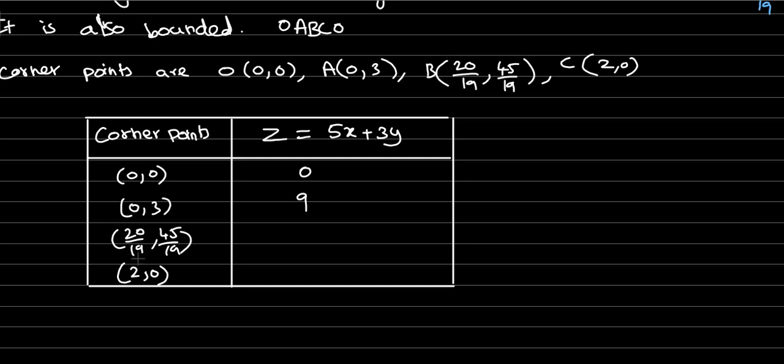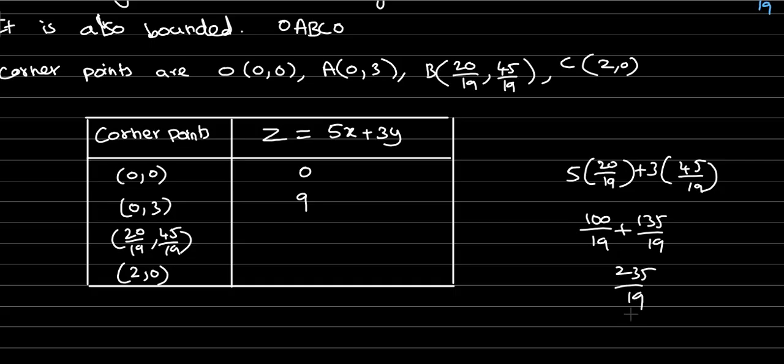Now let's substitute this value. 5 times 20 by 19 plus 3 times 45 by 19. 5 into 20 is 100, so we get 100 by 19 plus, and 45 into 3 gives you 135. So 135 by 19. So we are getting 235 by 19.